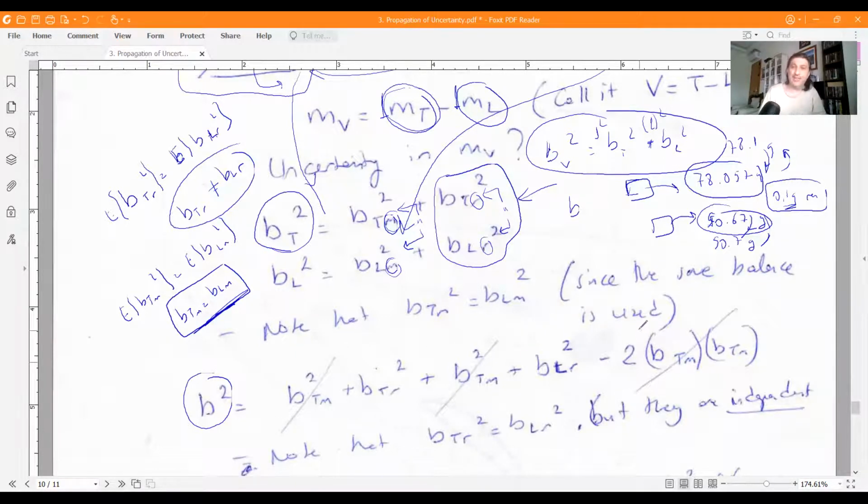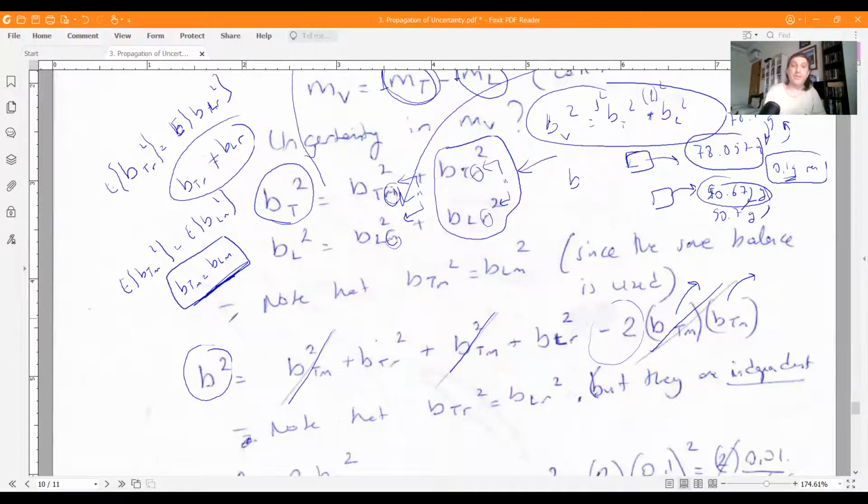You are going to see that the covariance term is going to be added as -2 because we have a minus sign between them, times the first bias and the second bias terms. And since these bias terms are equal to each other, it's going to be BM squared simply, -2 BM squared.